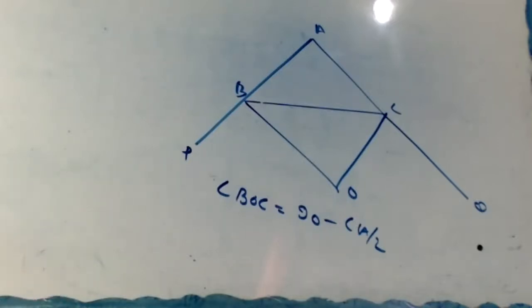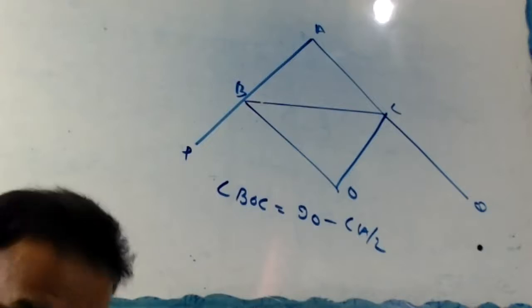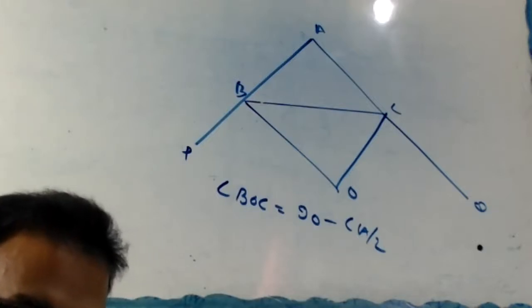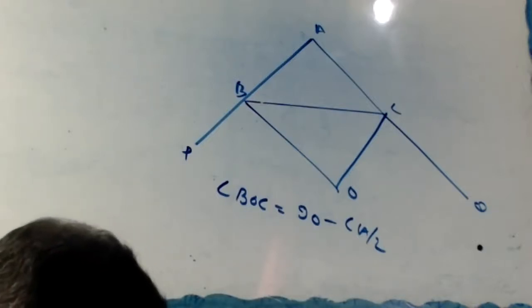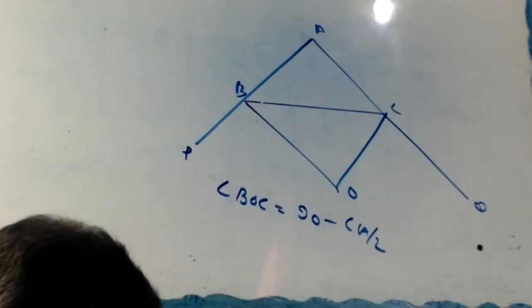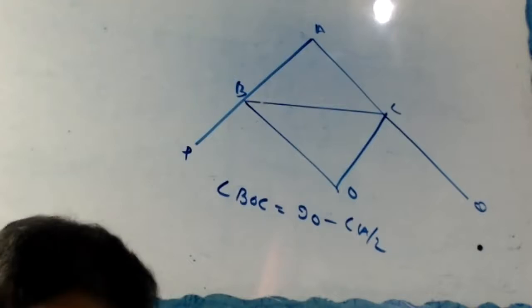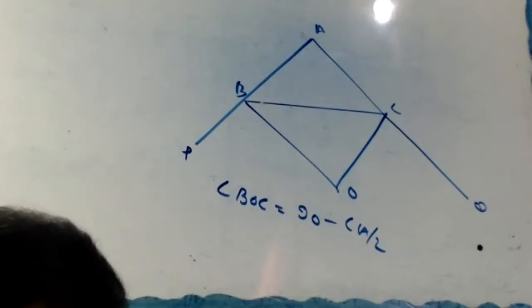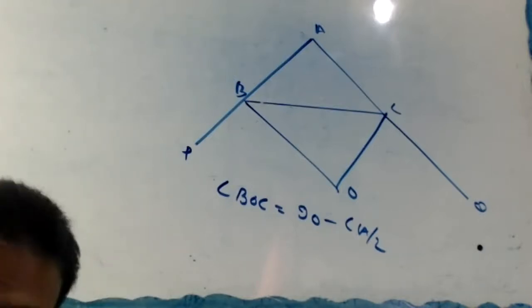Question again. Look here. The sides AB and AC of a triangle ABC are produced to P and Q respectively.